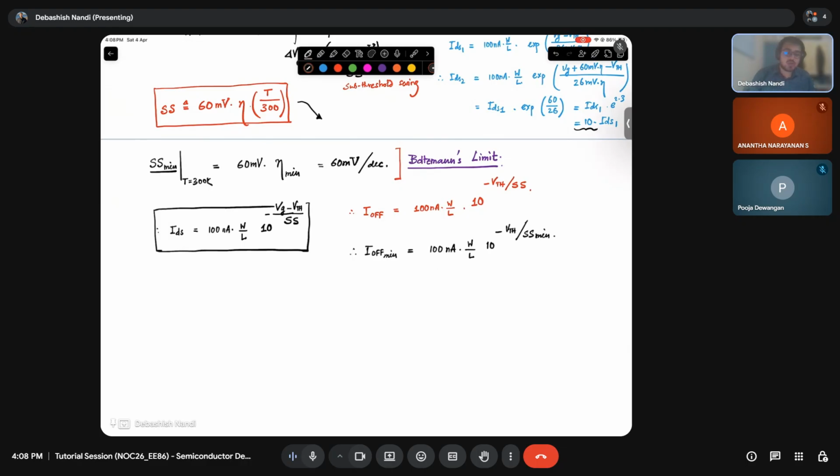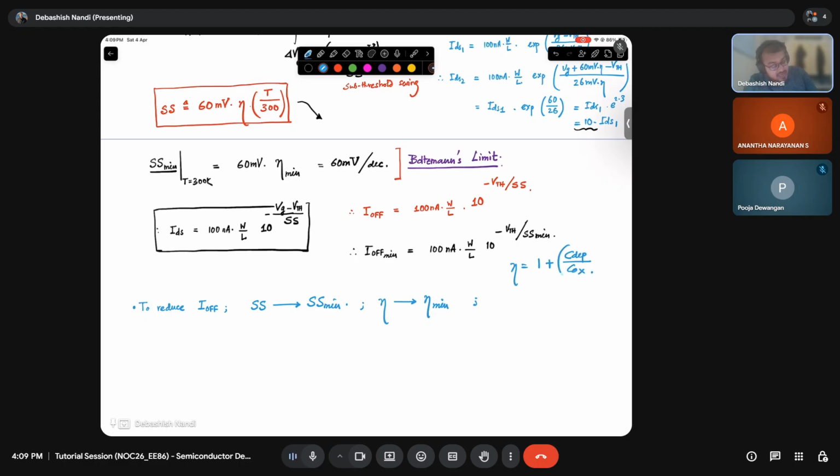So what I want to do essentially to reduce Ioff is that SS has to be lowered, or SS has to approach SS minimum. And for that, I want my n to reach n minimum. For that, n is what? n is 1 plus C depletion by C ox.